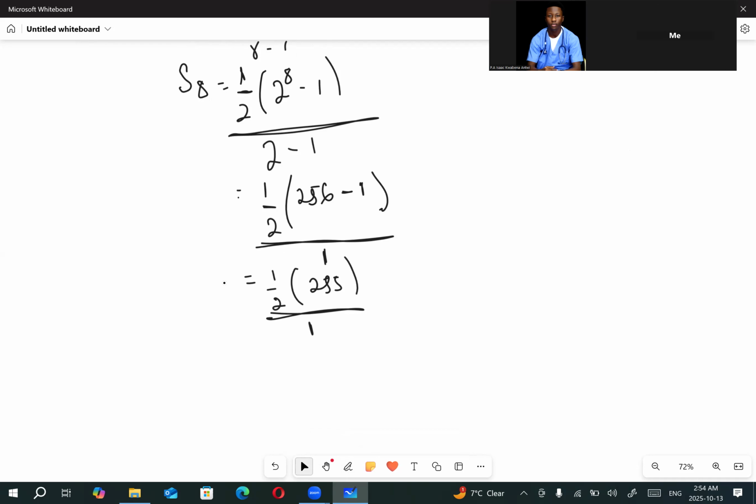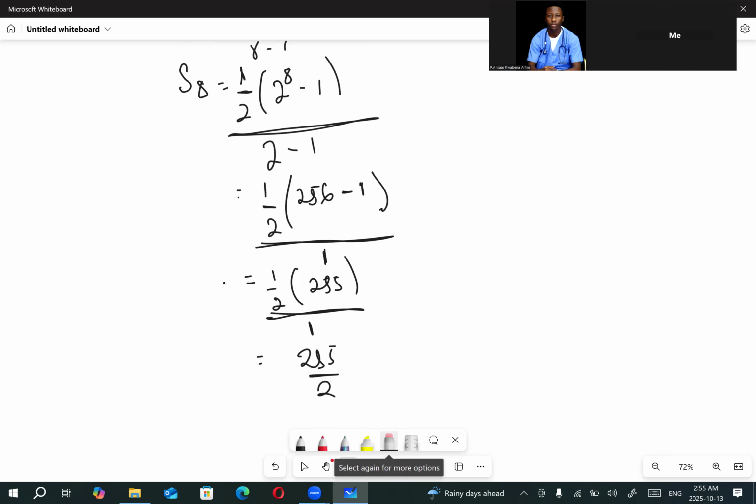Half of 255 will be 255 over 2, over 1, but anything over 1 is the same as that. So there's the sum.